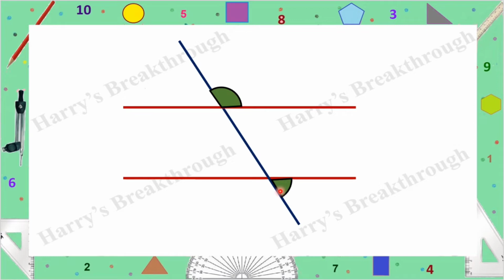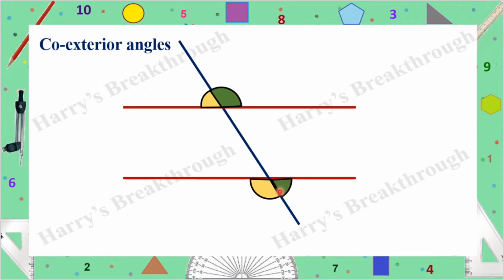Can you find any other pairs of angles which are at the exterior part of parallel lines? Yes, these two yellow angles are also at the exterior part of parallel lines. But this yellow pair is left side of cutting line.